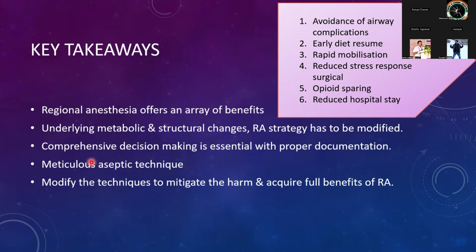But at the same time, such patients have underlying metabolic and structural changes, so the RA strategy has to be modified. We need comprehensive decision making, proper documentation, and a meticulous aseptic technique, and also to modify the technique so that we mitigate the harm and acquire the full benefits of regional anesthesia techniques in the diabetic group of patients.